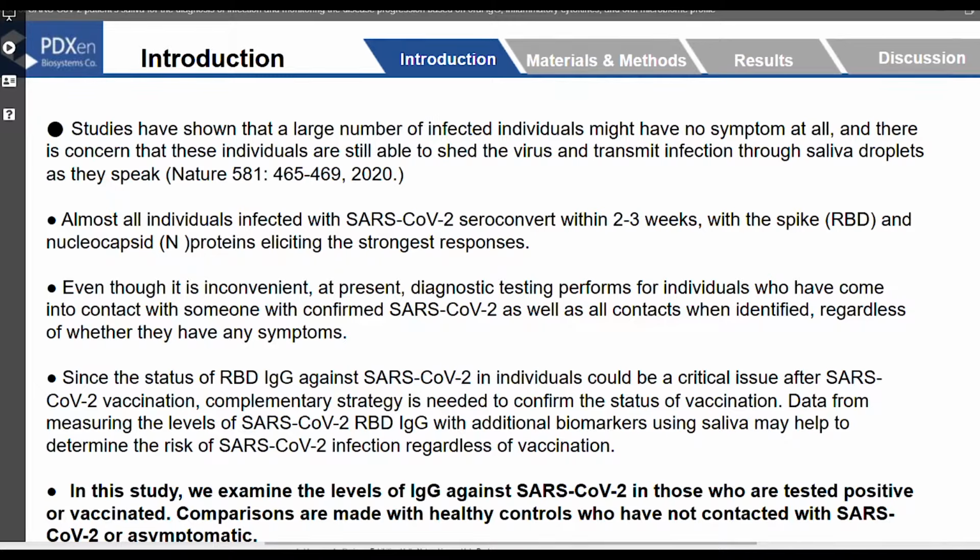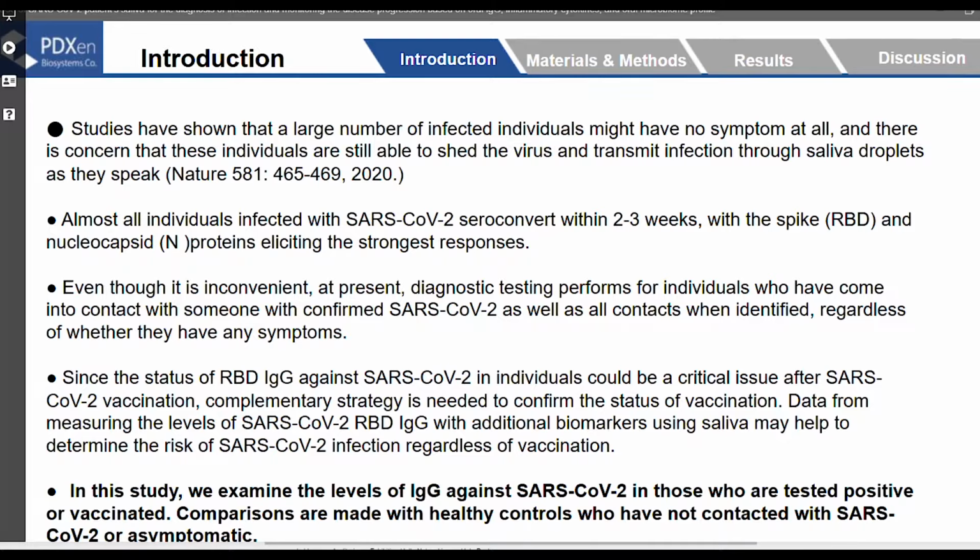In the introduction, as I mentioned a little earlier, COVID-19 infects the mouth, and then is transmitted to other people through saliva droplets. So if you have high levels of COVID-19 or COVID IgG, there is potential to infect other people.